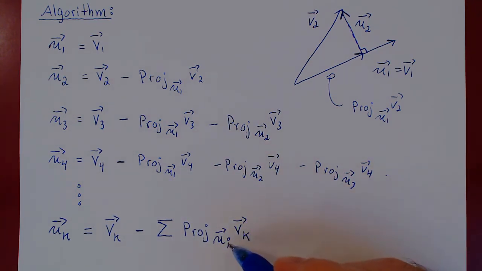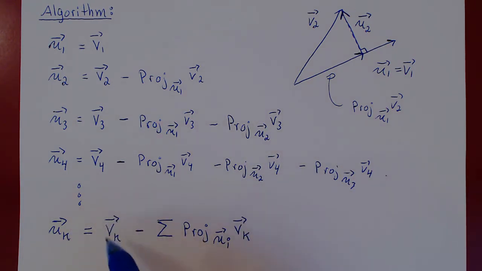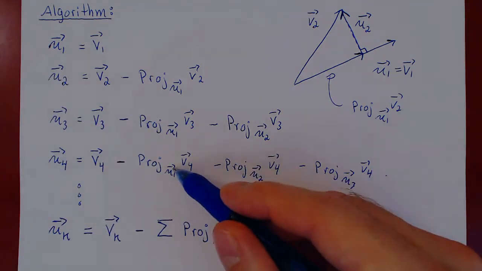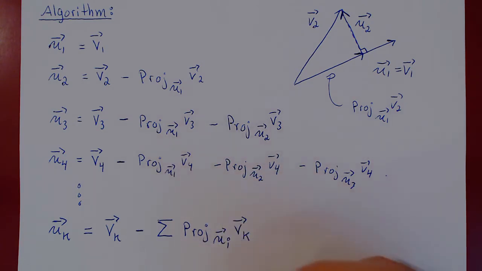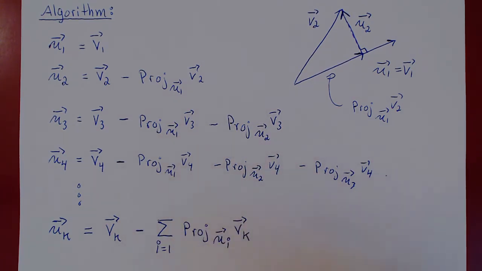And where does i begin and where does it end? Well, you have to remove every component of vk along the previous new basis vectors. So it starts, of course, with the first new basis vector, so i equals 1. And it ends, and here's where you have to be careful. It doesn't end with k, right?